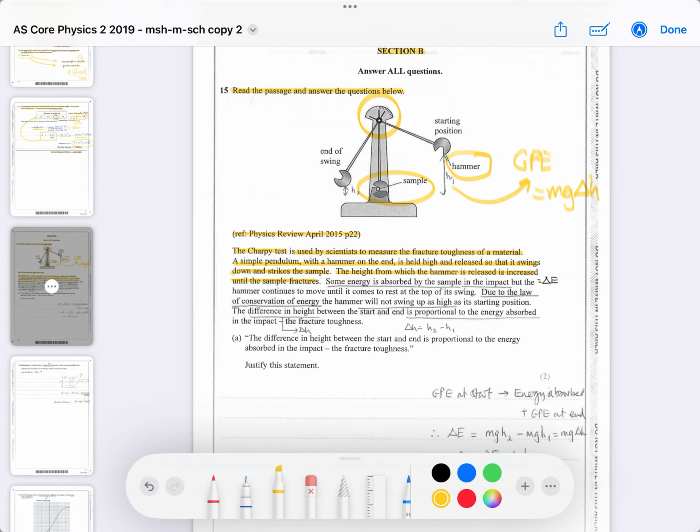Some energy is absorbed by the sample in the impact, so that's the delta E, the energy absorbed, I've put. But the hammer continues to move until it comes to rest at the top of the swing on the other side. So you can see the height difference here is obviously less than the height that it starts off with, the initial gravitational potential energy.